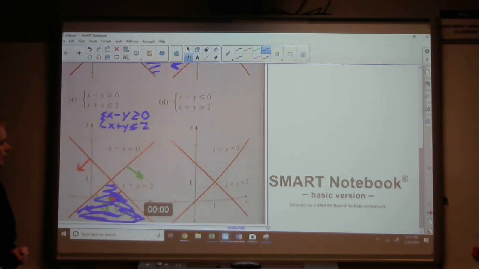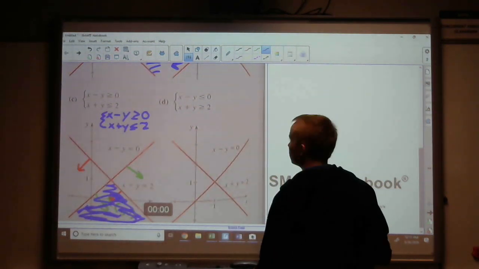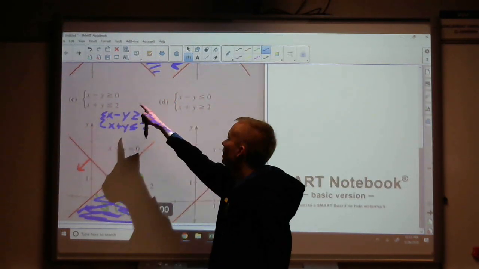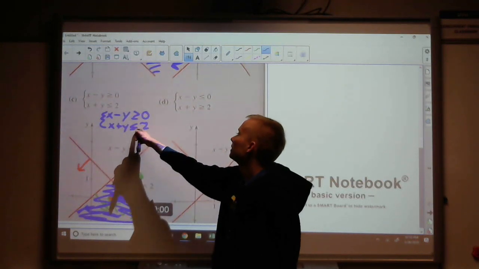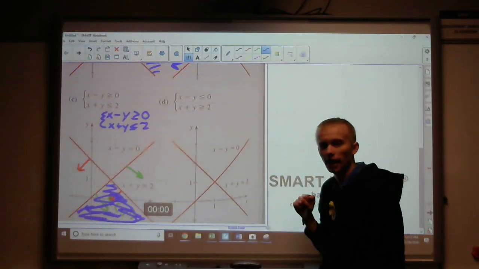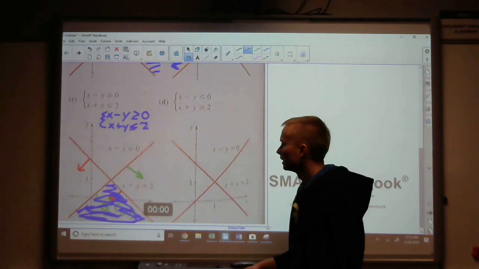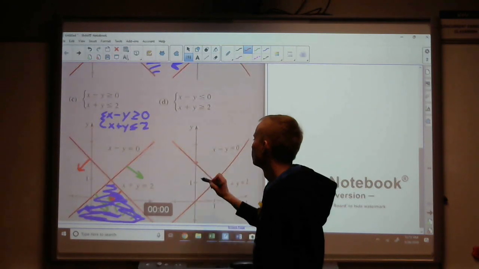And then you'll notice on this one, both of our inequalities are flipped for D. They just switched the greater than symbol here to be a less than symbol, and the less than symbol here to be a greater than. And so that will flip our answer, as instead of being below this line, it's going to be above.